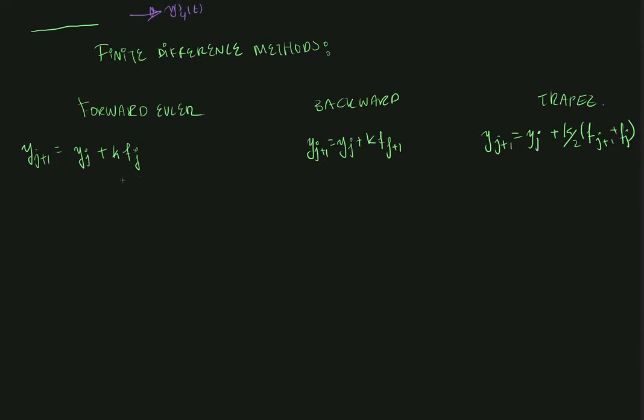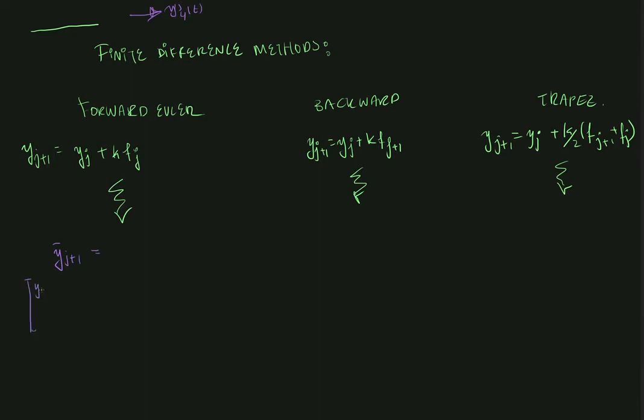So if we were to translate this into matrix language, well, it's not that hard. We just turn everything into matrices and vectors. So instead of just one number, y_{j+1}, we now have y_{j+1} as a vector, which looks something like this.